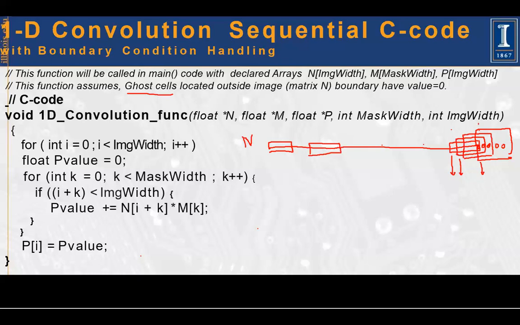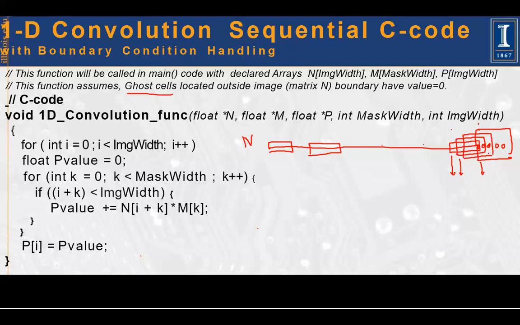Now what will happen? If there is a 0 there and we carry out this dot product, then wherever there is a ghost cell, our mask value will get multiplied by 0 and will become 0. So multiplying with a ghost cell means you will be adding a 0 in your accumulation. So one way is you extend this N array by so many values, place zeros there, and carry out this action.